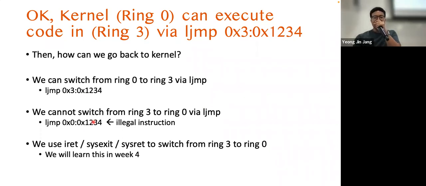For that, we have other mechanisms called interrupt or system call, by which the application can hand over its execution to the operating system. Because it involves privilege switching from low level to high level, it should be designed securely. We will go over those mechanisms in week 4.